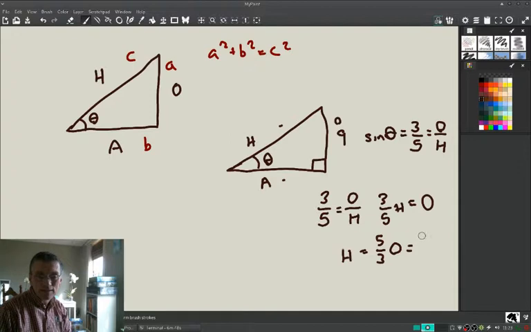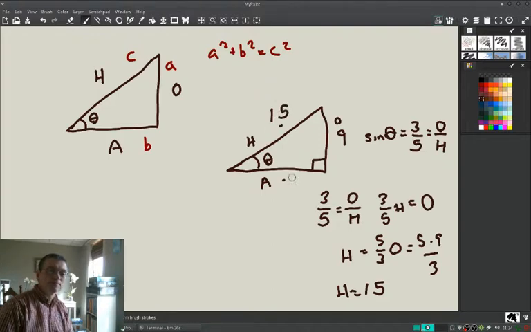That's 9. So this is 5 times 9 over 3, which simplifies to, let's see, 5 times 3 is 15. So we know that the hypotenuse is 15.